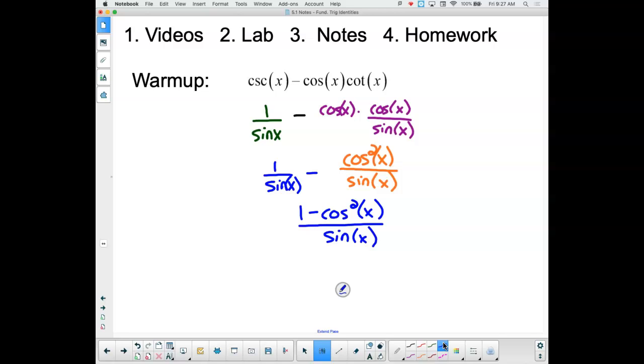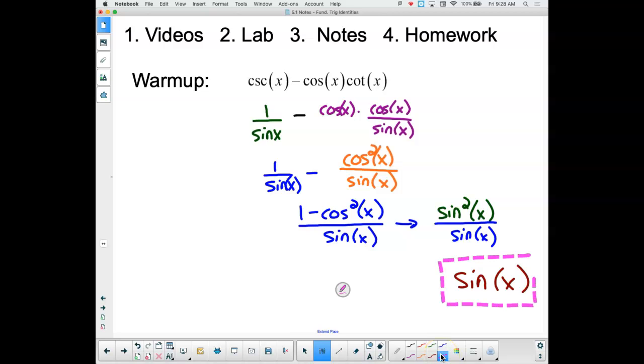Isn't it 1 minus cosine squared x times sine squared? Sine squared over sine? And that simplifies down to be sine of x.